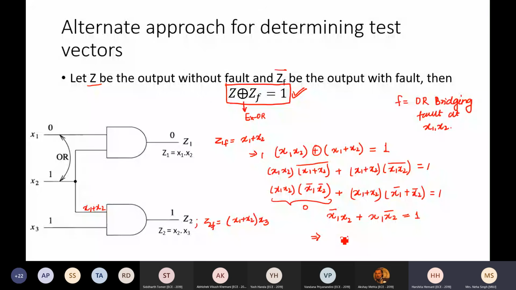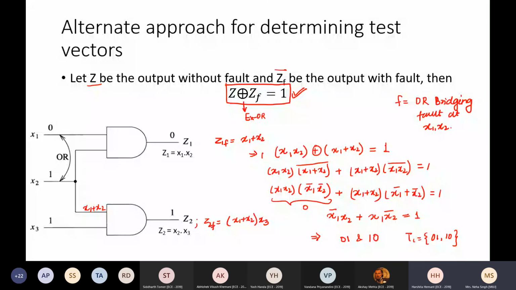So this bridging fault at X1 X2 will require the test pattern P1, the set of 0 1 and 1 0, to detect the fault at output Z1. Is it okay? So the test pattern required to test the bridging fault is 0 1 and 1 0.